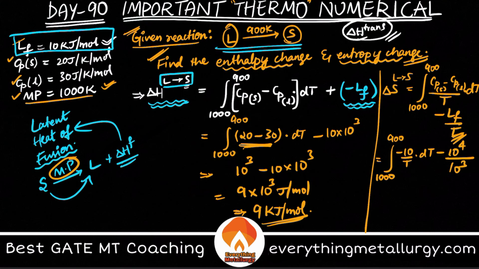So this is simply 10 into ln of 1000 by 900 minus 10, correct? So 10 cube gets cancelled. This turns out to be about minus 8.9463 joule per Kelvin per mole.